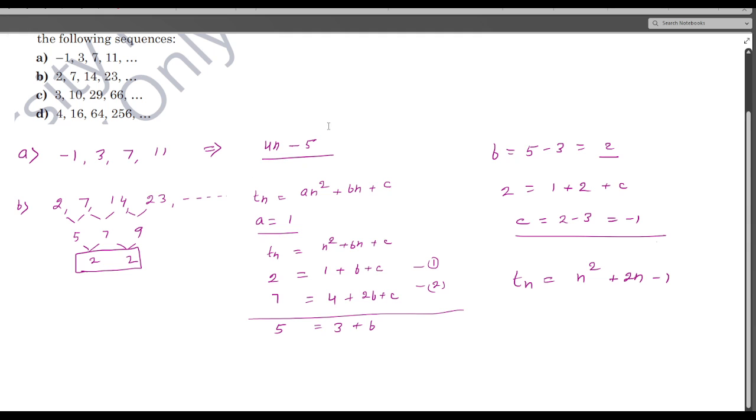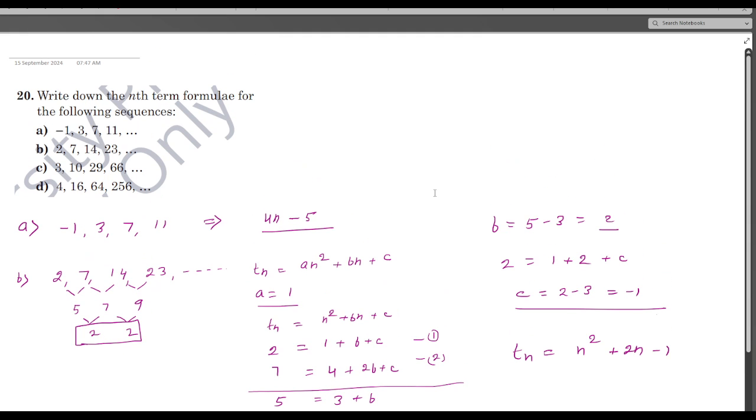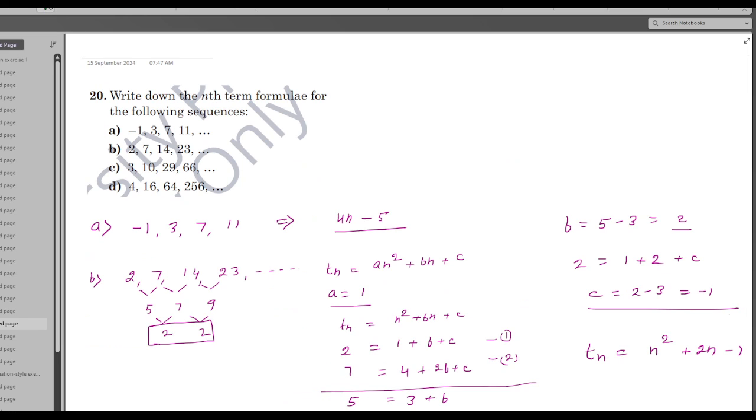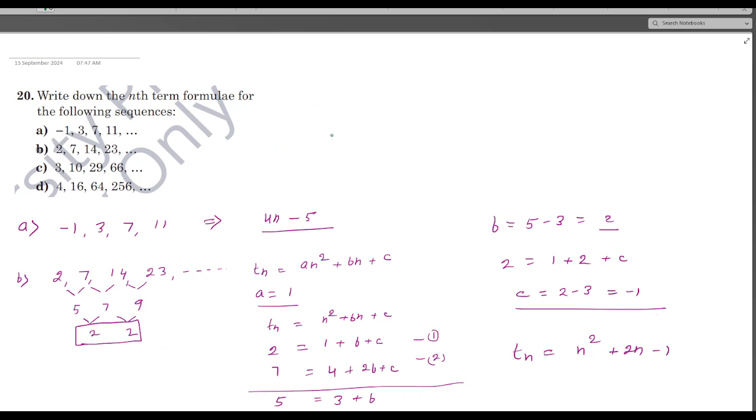Okay, now the third sequence is 3, 10, 29, 66.